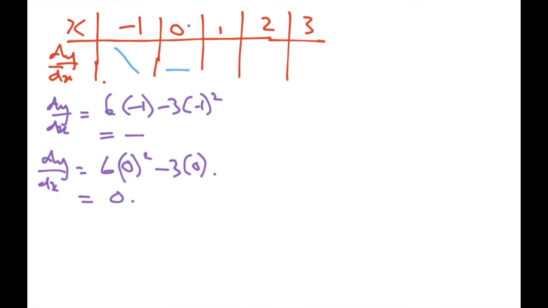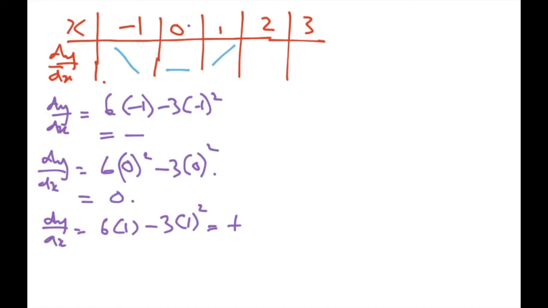Next, take dy/dx at x equals 1: 6 times 1 minus 3(1) squared. This will give me 6 minus 3, which is a positive value. If it's a positive value, it's an increasing graph, so it's going up.